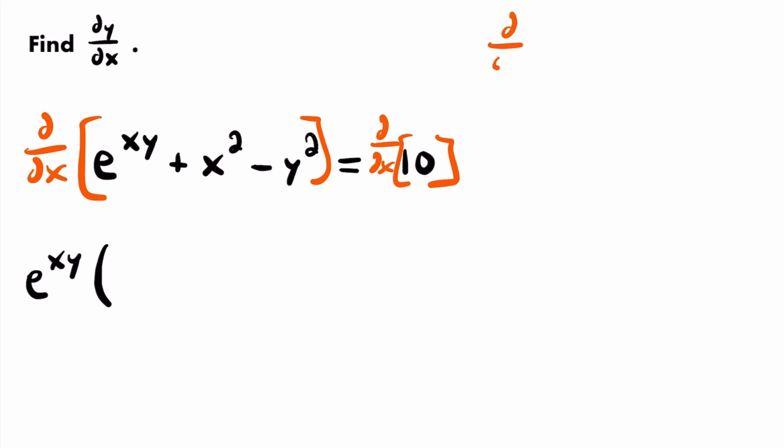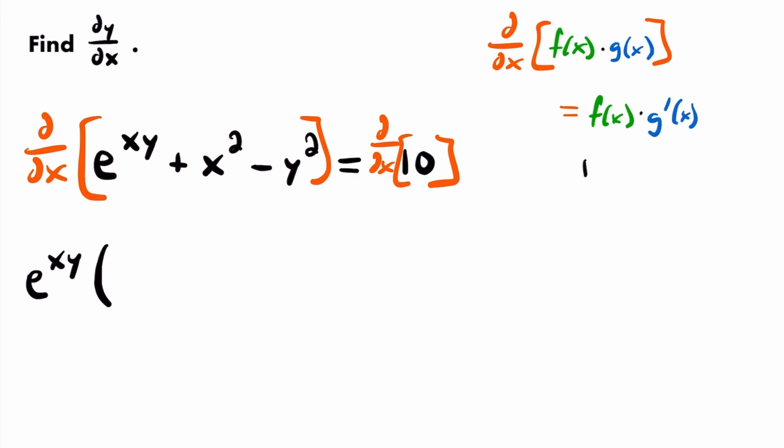If you're taking the derivative with respect to x of one function, f of x, multiplied by another function, g of x, the derivative is the first function, f of x, multiplied by the derivative of the second function plus the second function, g of x, times the derivative of the first function. So that'd be f prime of x. Okay?